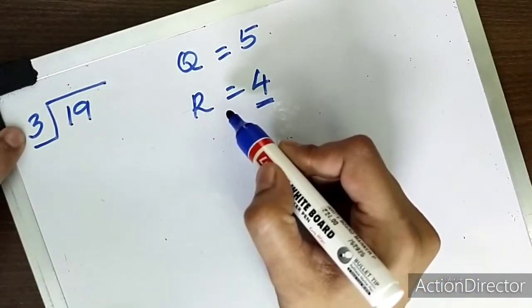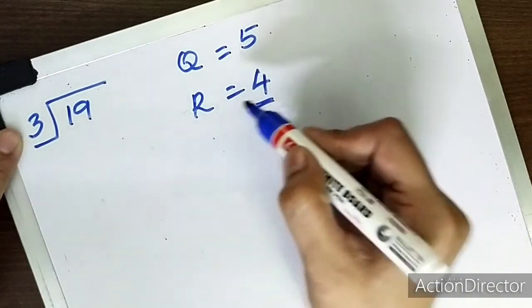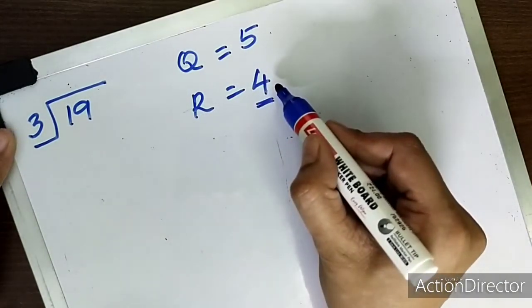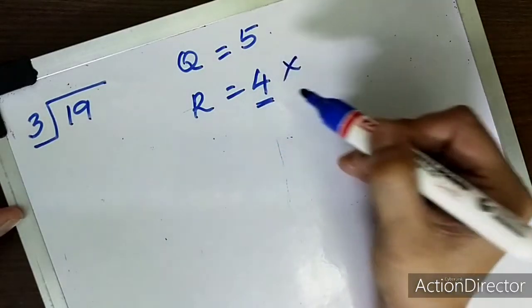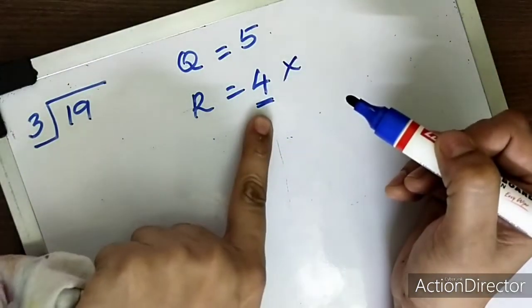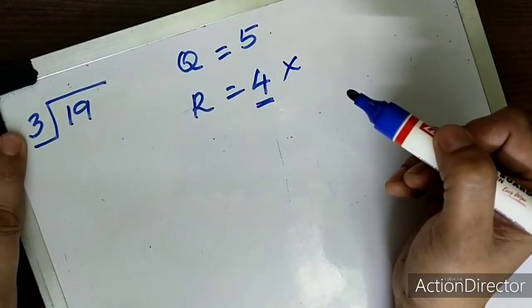Always the divisor should be the larger number and the remainder will be the smaller number. Here itself we can find that the remainder is wrong, because the remainder is 4 but the divisor is 3.